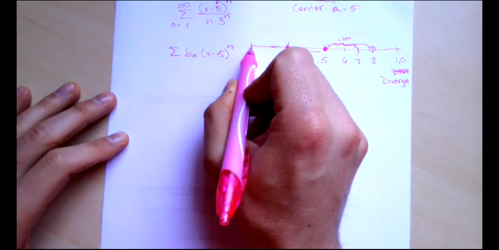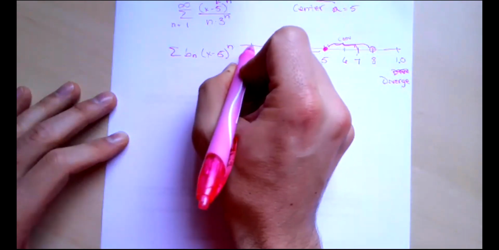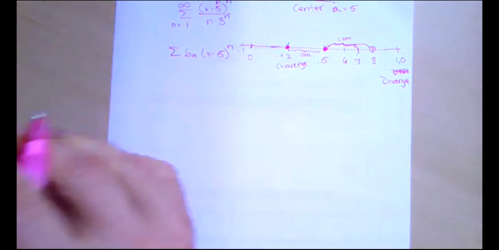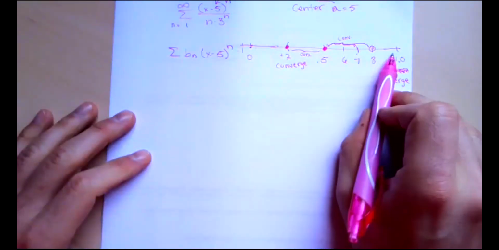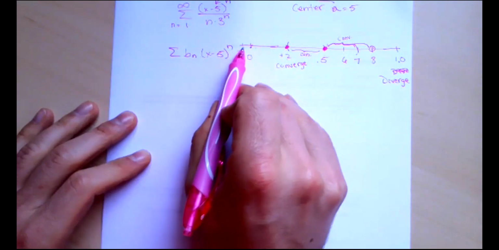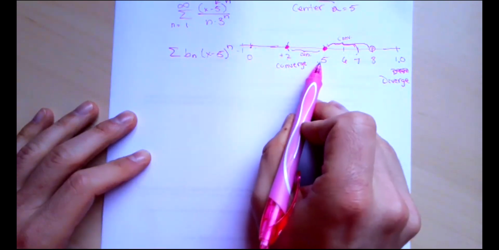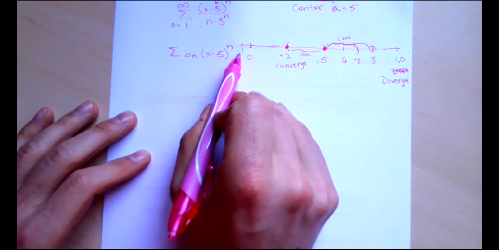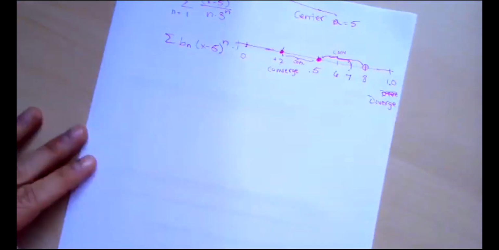One thing we do know is that below 0, if I go down to -1, we're diverging, because that is outside the interval of convergence. I know that the radius is at most 5. And so as soon as I go further than 5 away from the center, so here I'd have to go -6 to get down to -1, we know for a fact that it will diverge.